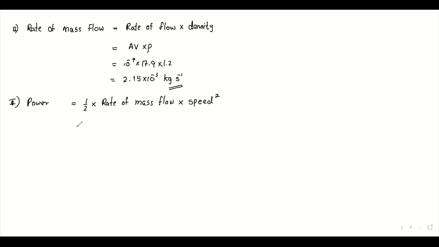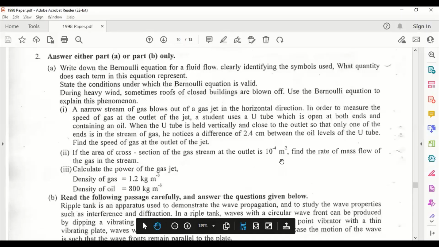So it's the half mv squared equation. So you can write half into rate of mass flow. We just found out that is A V rho into V squared. So the equation is half A rho V cubed. What you get from this is 0.34 joules per second or 0.34 watt. So this is how you do question number 2, part A.